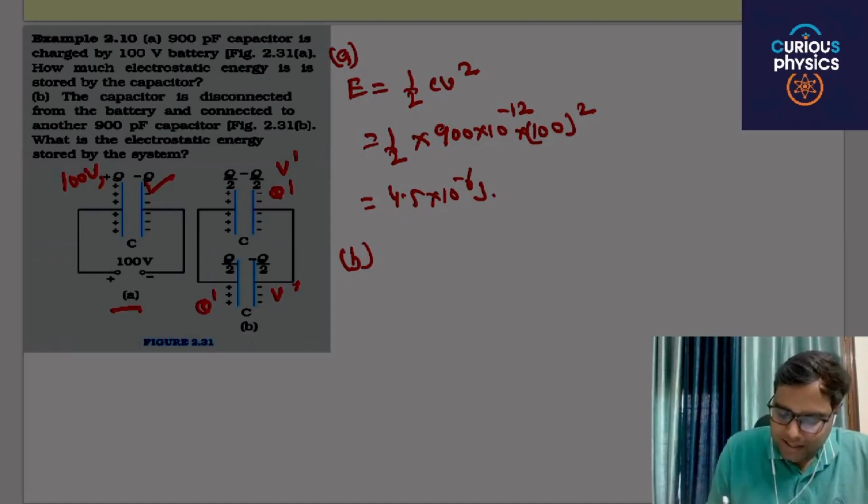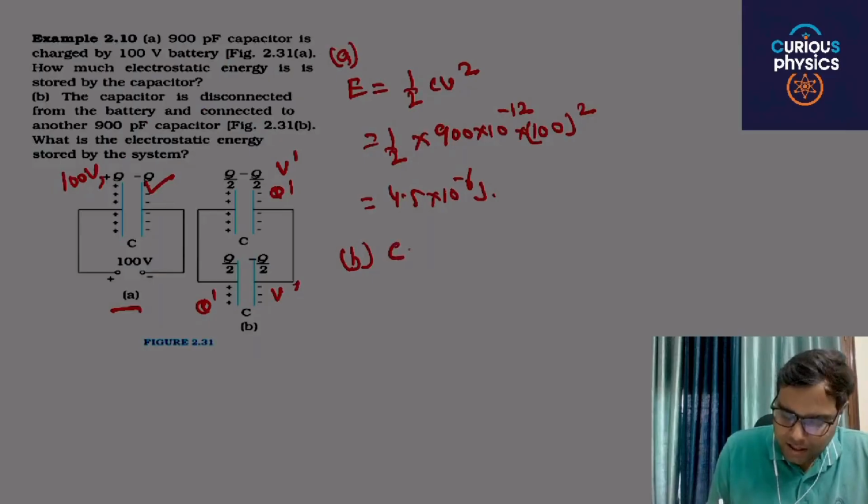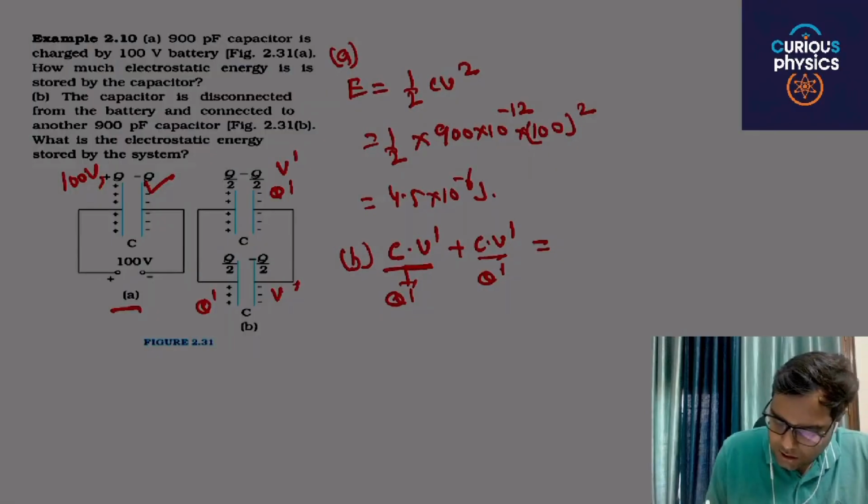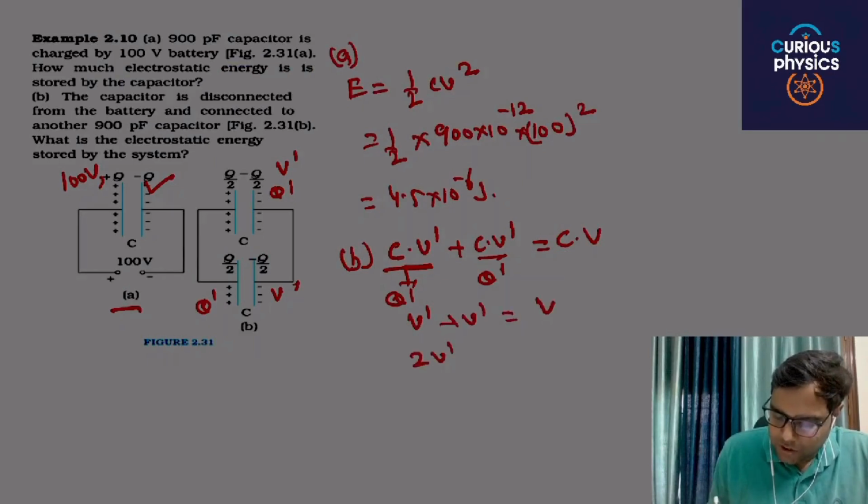Then let's say C is the capacitance, then CV dash plus CV dash, the charge Q dash at first and Q dash at second, is equal to the initial charge Q, which is C into V. So 2V dash is equal to V, and V dash is equal to V by 2.